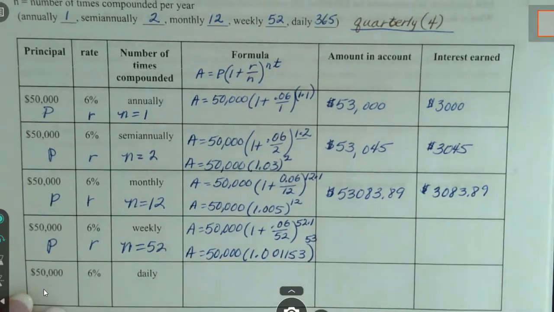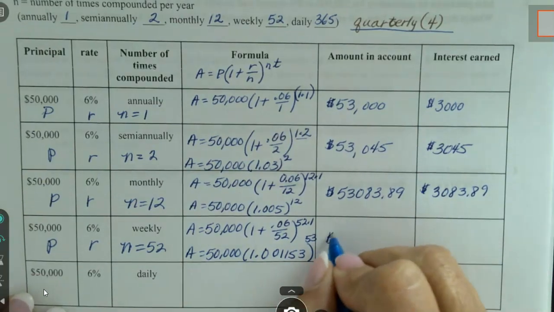I can leave mine in my calculator and then go ahead and take that long decimal number to the 52nd power. And then, oops, I hit the wrong button. And then multiply it by 50,000.